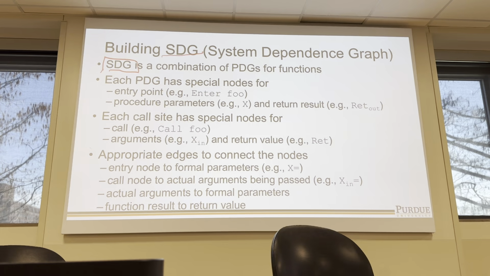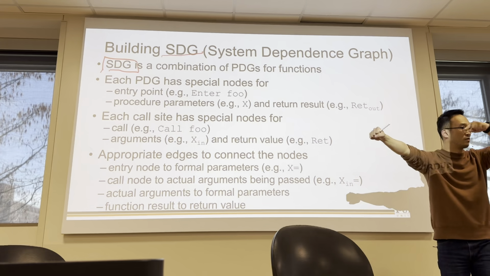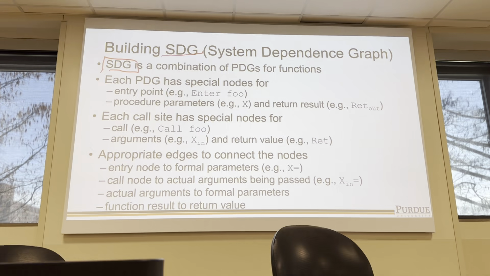Because let's say I have a program dependence graph for main, I have a program dependence graph for, let's say, foo, then they call through a call site. And then your call information or the result of the function being called basically passes back to where you made a call, to the call site. That's why each call site and the program dependence graph of the function being called has some special node for this parameter communication, for this return value communication between them.